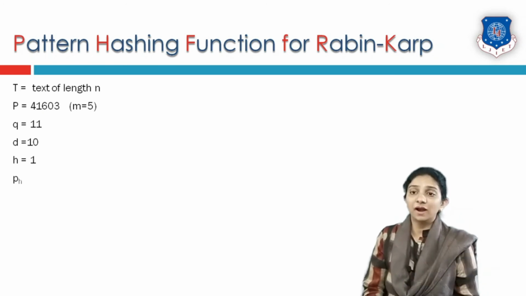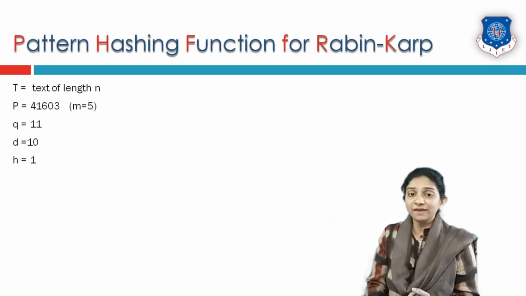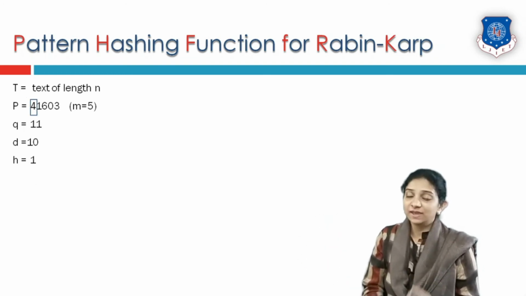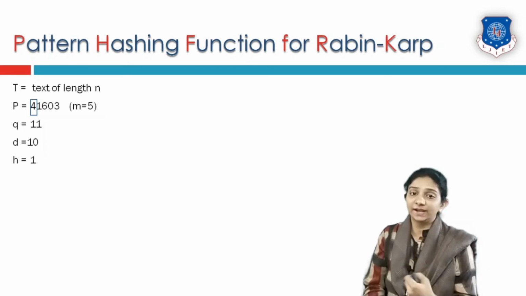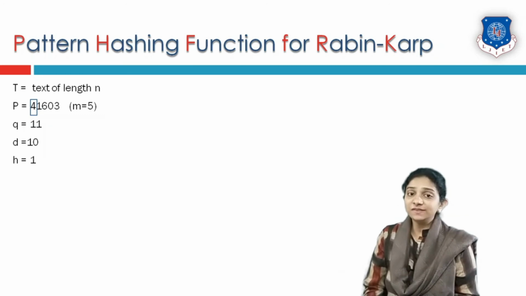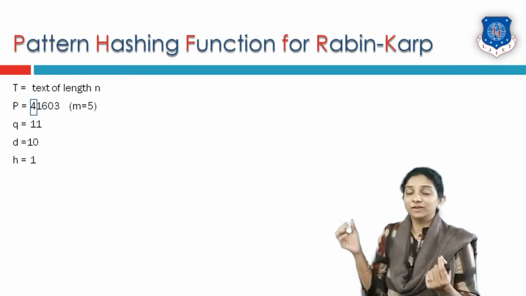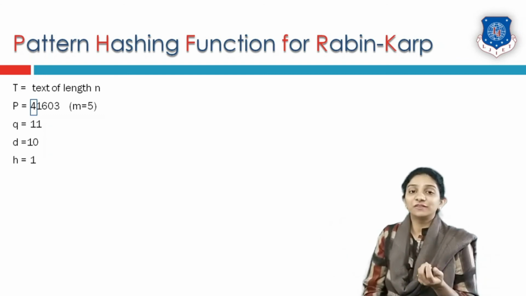But Rabin Karp gives a simpler method. To find the complete value modulo 11, the simplest way is to take one digit at a time. Let me show you an easier method to calculate large values modulo a small number, one digit at a time.